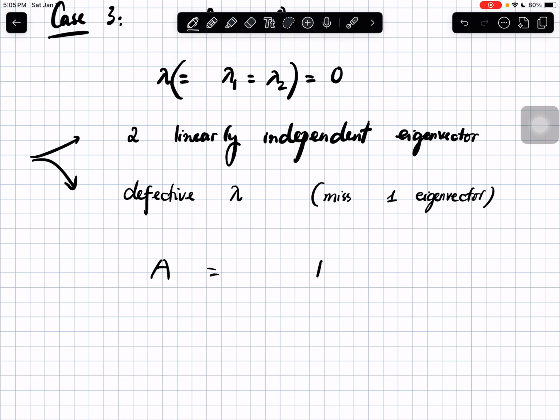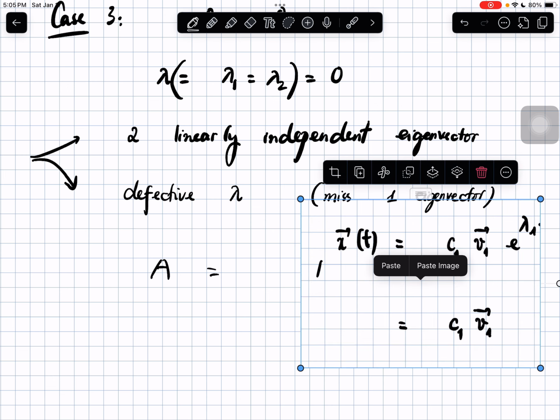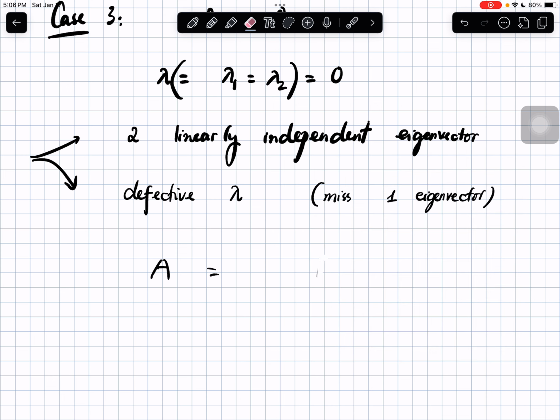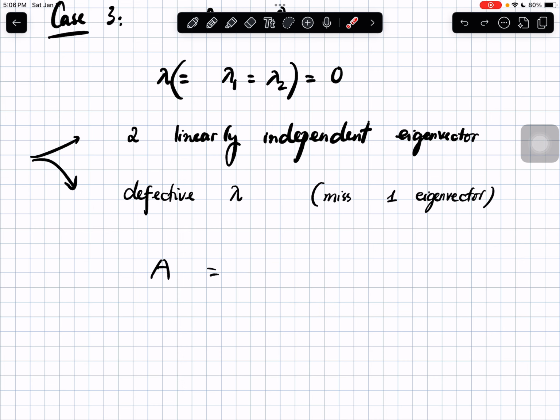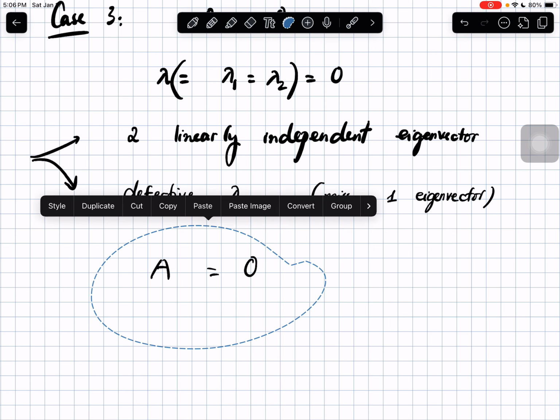The diagonal matrix is 0, 0, 0, 0. So that's why you have something times the 0 matrix times something inverse, right? So A is always 0 in this first case. The first case, we have two independent eigenvectors.